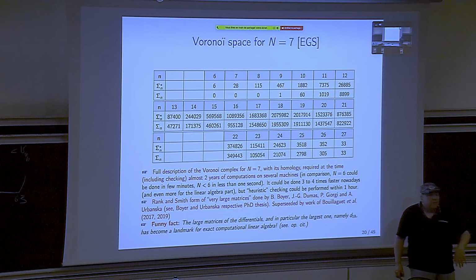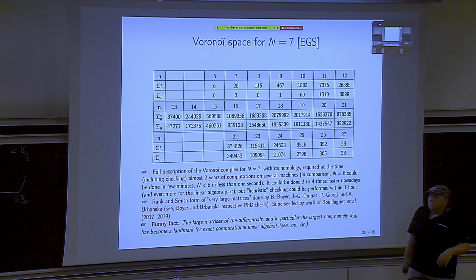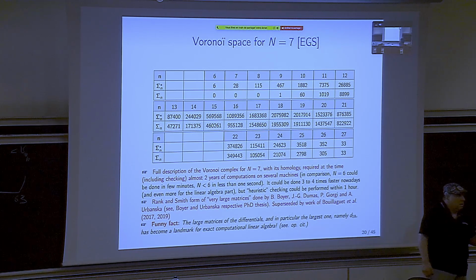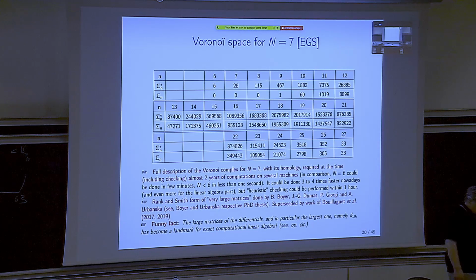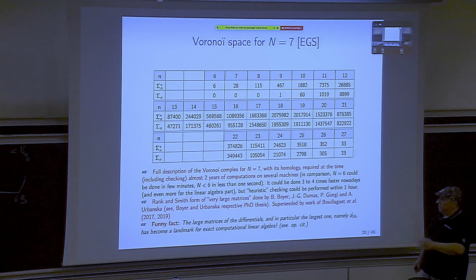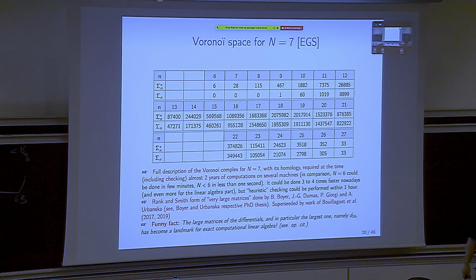Fortunately, those matrices are sparse in a naive sense, meaning you have, let's say, 99.8% of zeros. But this is not sparse enough. I mean, you still have too many non-zero coefficients. This is the first information.